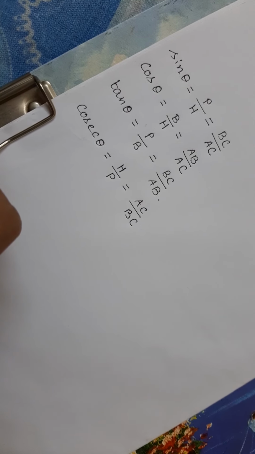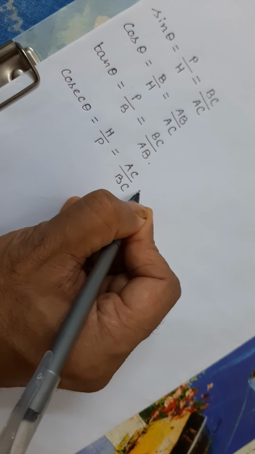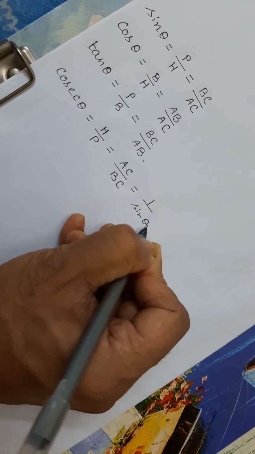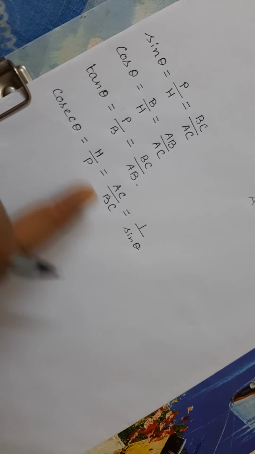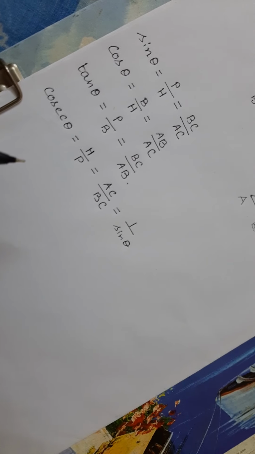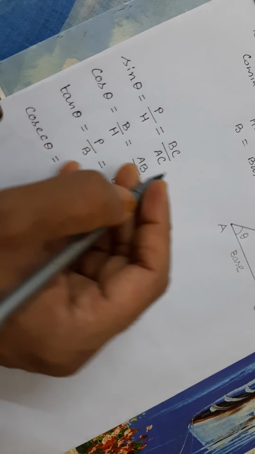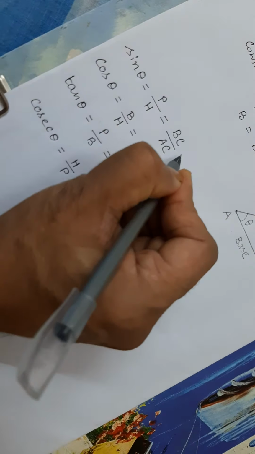AC by BC equals the reciprocal of sine, that means 1 by sine theta. So cosec theta equal to 1 by sine theta. Then sine theta equal to the reciprocal of cosec, that means sine theta equal to 1 by cosec theta.